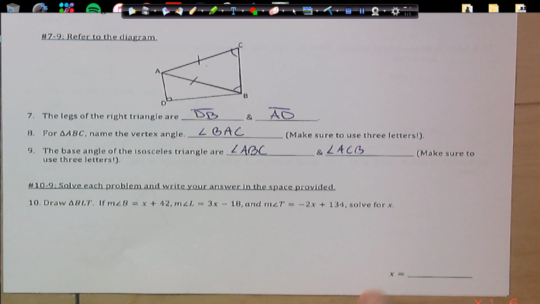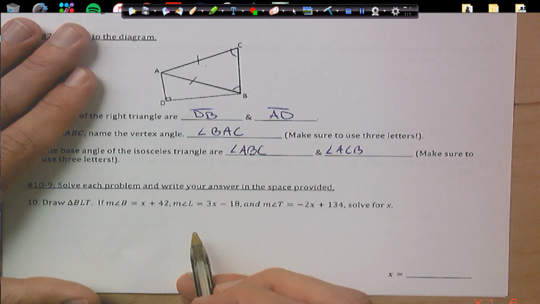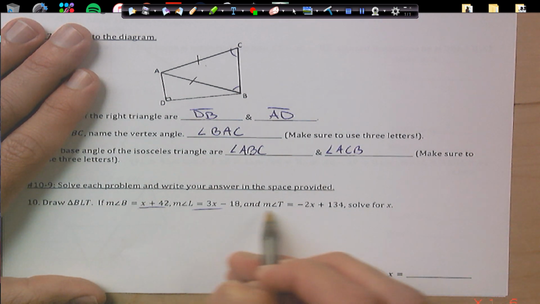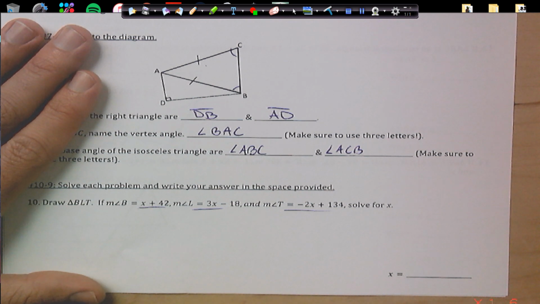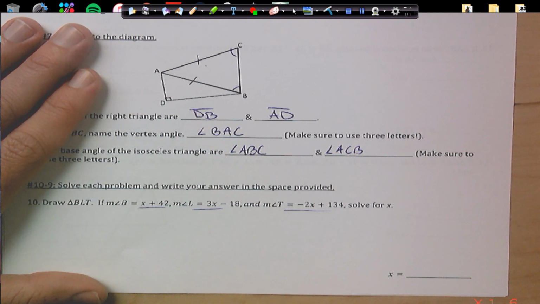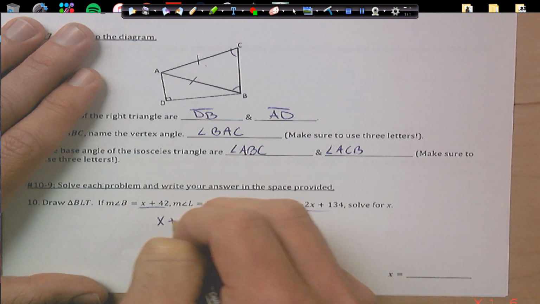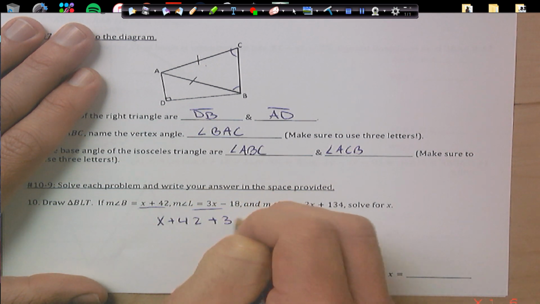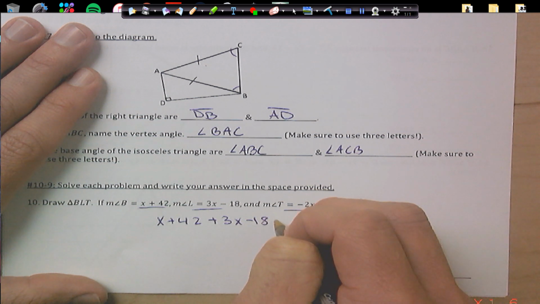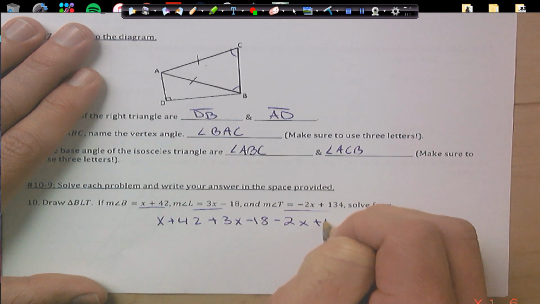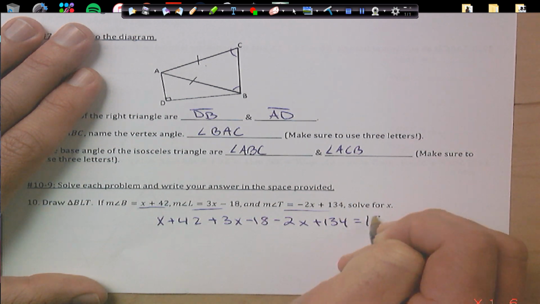Okay. So for number 10 here, draw BLT. Basically, they're giving me all 3 angles, so I don't need to actually draw the triangle here because I know all 3 angles are going to add to 180, so we just need to go ahead and show that. x plus 42 plus 3x minus 18 minus 2x plus 134 should equal 180.